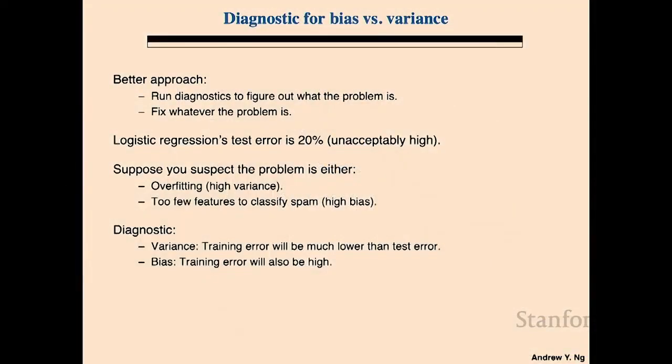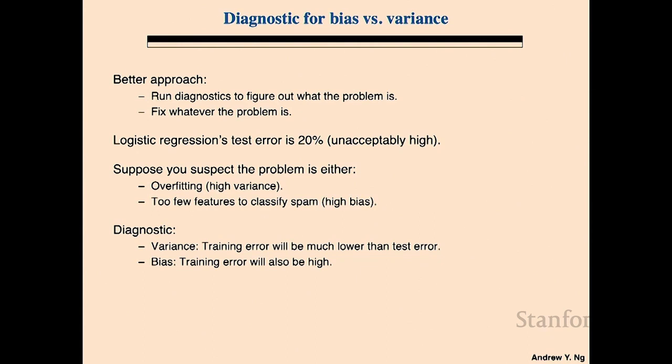And so what I'm going to describe is a workflow where you run some diagnostics to figure out what the problem is, and then try to fix it. Just to summarize this example, linear regression error is unacceptably high, and you suspect the problem is either high variance or high bias.